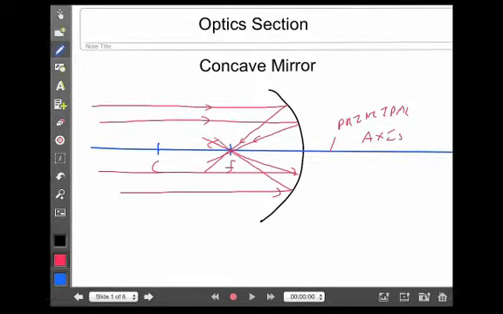So all rays parallel to the principal axis converge towards that focal point. And keep in mind that the center is always twice the distance to the focal point, or the focal point is 1/2 the radius of curvature. Focal point is 1/2 whatever the radius is of your curved mirror.